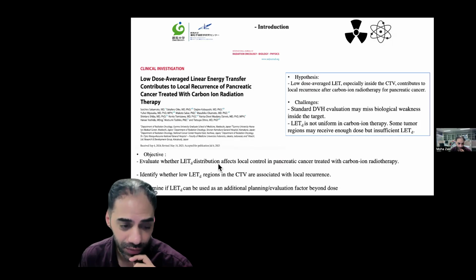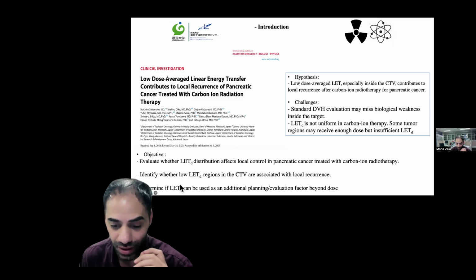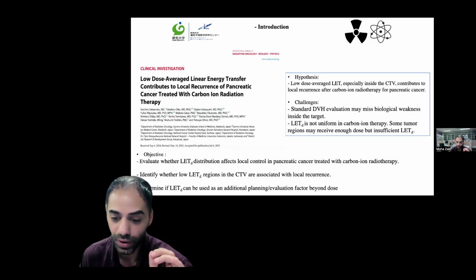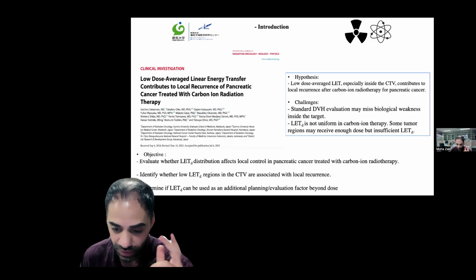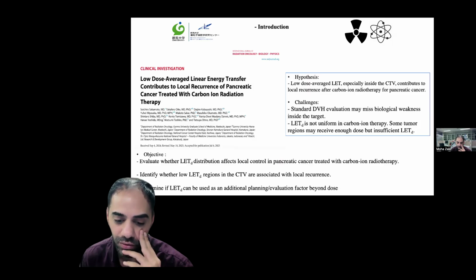The objective of this study is to evaluate whether dose average LET distribution affects the local control in pancreatic cancer patients treated with carbon ion radiotherapy. Also, to identify whether low dose average LET regions in the clinical target volume, CTV, are associated with local recurrence.